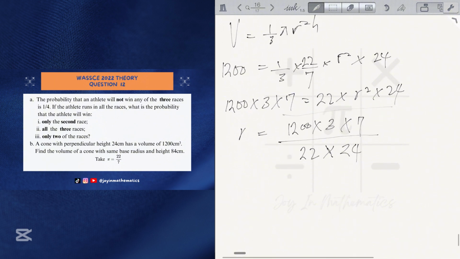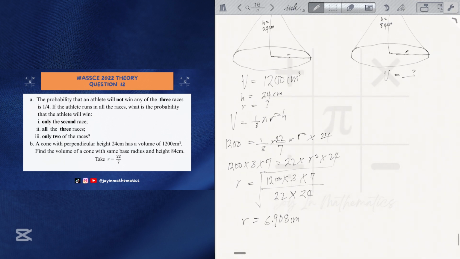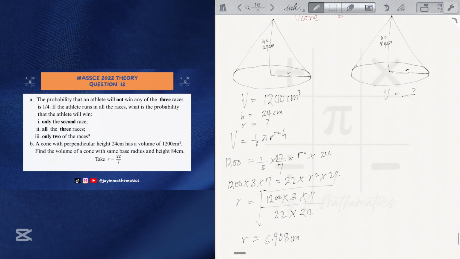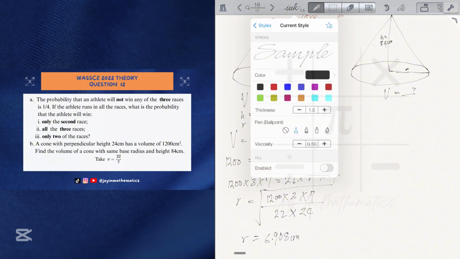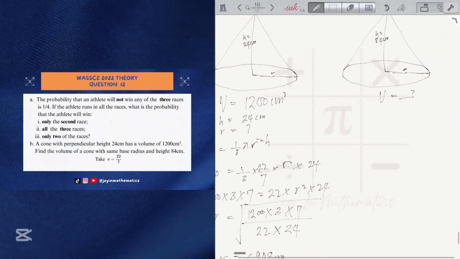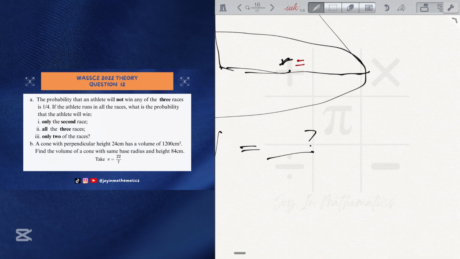With respect to that, once we use our calculator to do this, we have the value of r to be equal to 6.908 centimeters. Now, once we have the value of r in the first cone to be 6.908 centimeters, we substitute it into the second cone. r is equal to 6.908 centimeters.